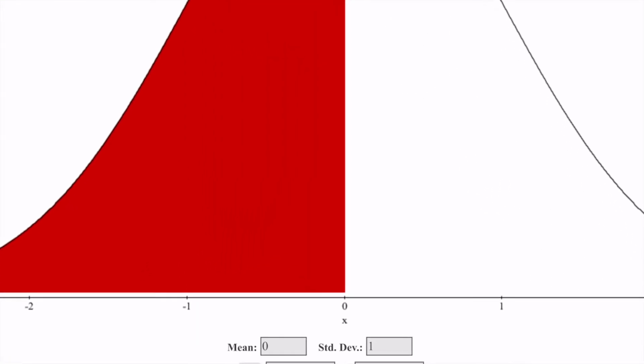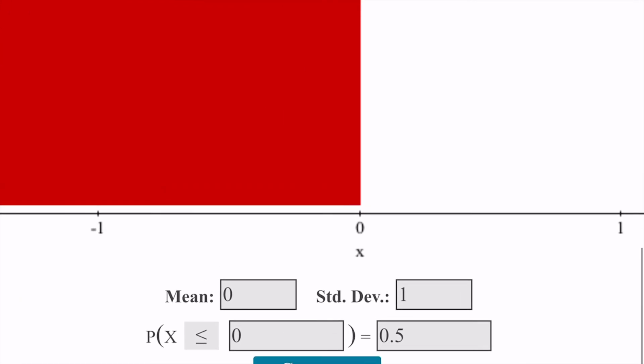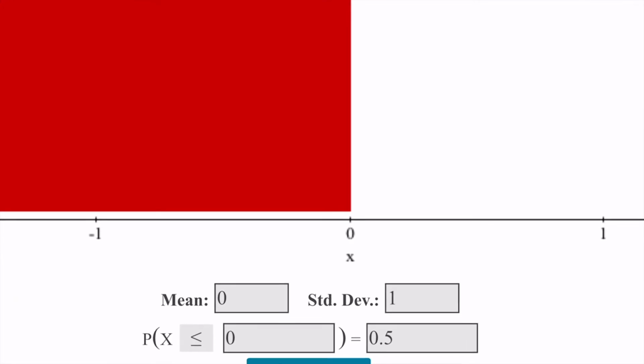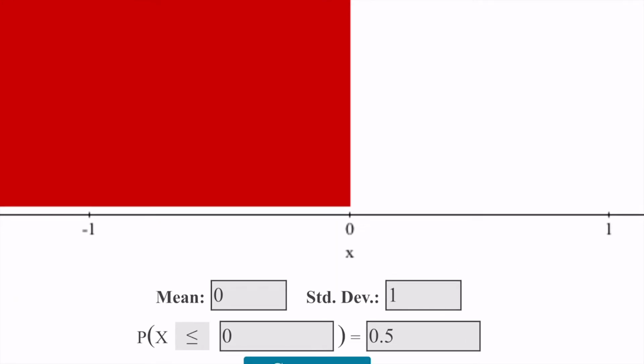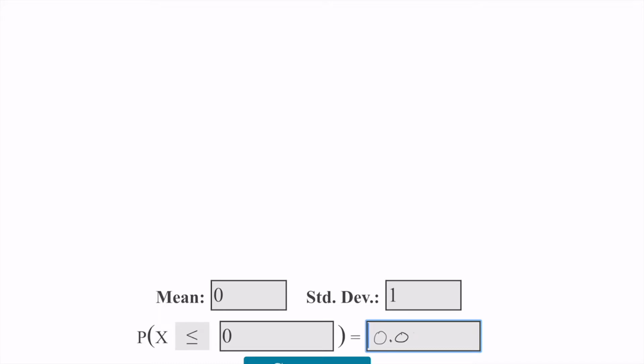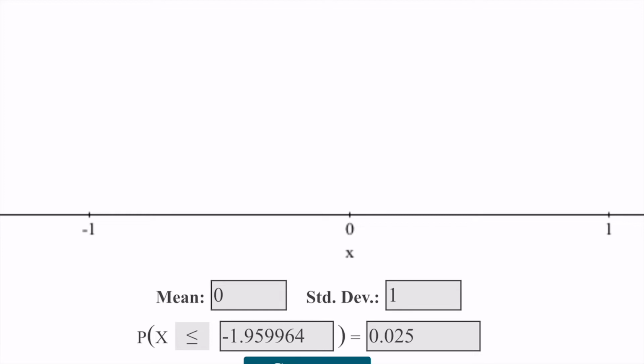Let me make it nice and big for you folks. Our mean is 0, our standard deviation is 1 because we're dealing with the standard normal distribution. We don't know the Z-scores, which is what we're trying to find, but we know the area to the left, we want that to be 0.025. So we type that in, we compute it, and we get the familiar negative 1.96.